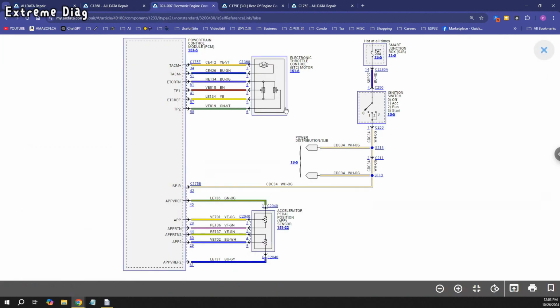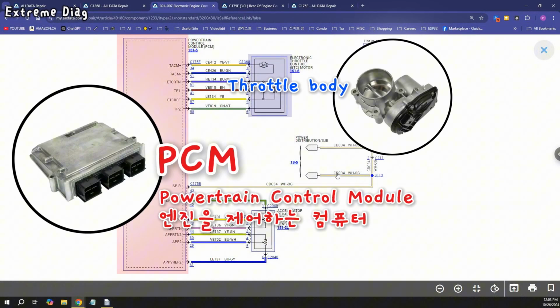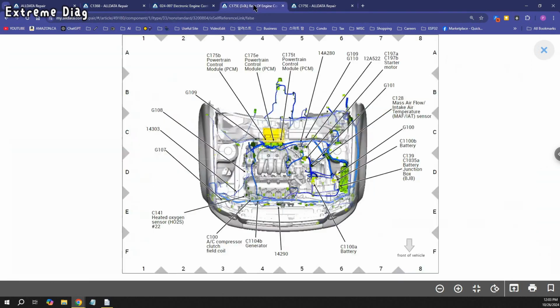If you look at the throttle body wiring diagram, this is the PCM, and this is the throttle body. See the C175E here? That's the connector number we need to disconnect. It's the one in the middle.